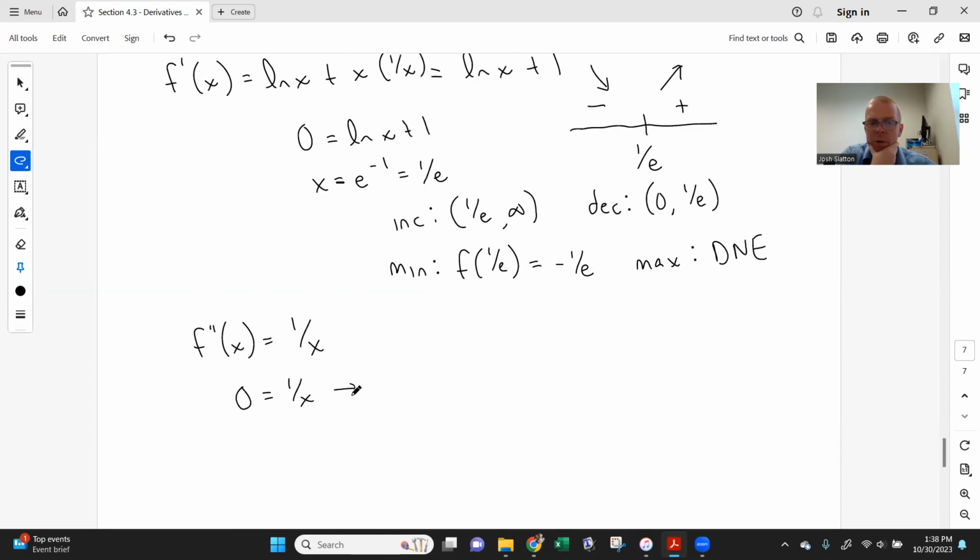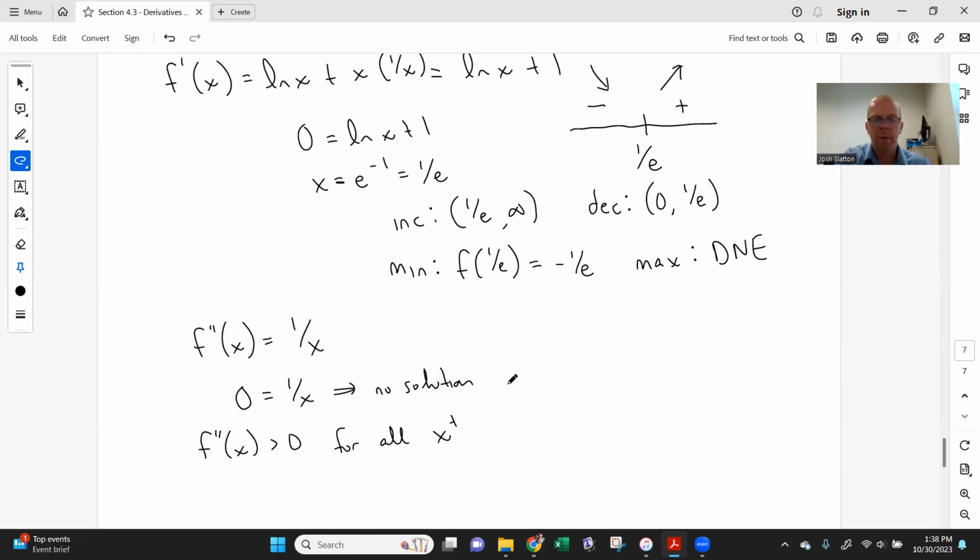That has no solution. Since the domain is all positive numbers, this is always positive. So f double prime is positive for all positive x. Negative x is not in the domain, so we don't need to worry about it.